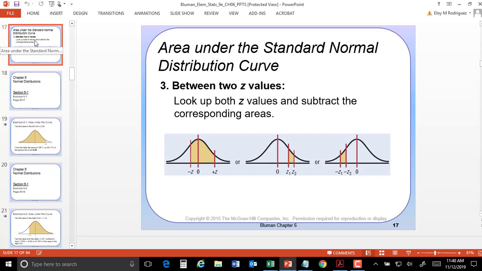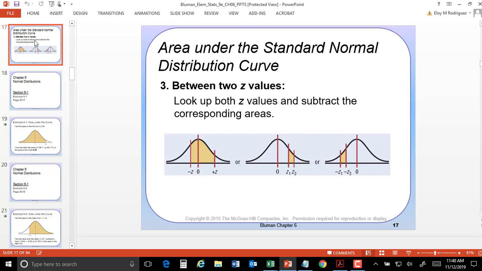Look here. Now I have an interval. See these intervals? If you're on this side, they're positive z's, obviously, and on this side, they're negative z's. Correct? So this is assuming that you've already converted these to z-scores.